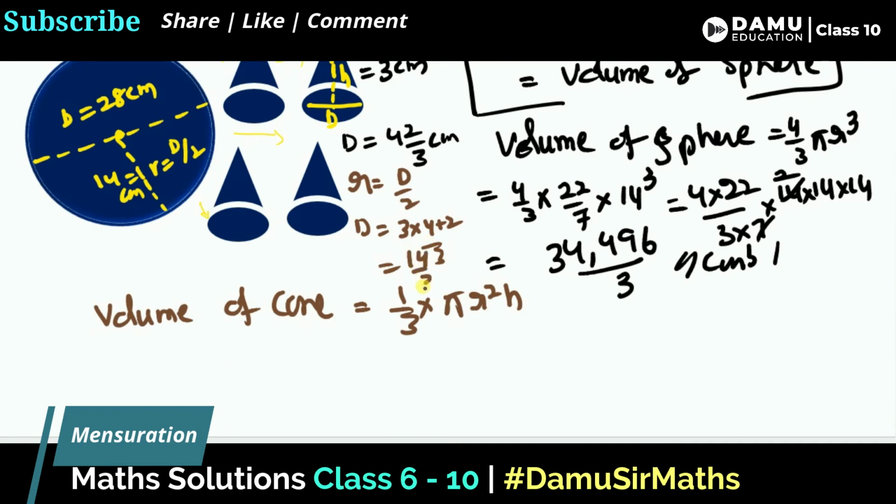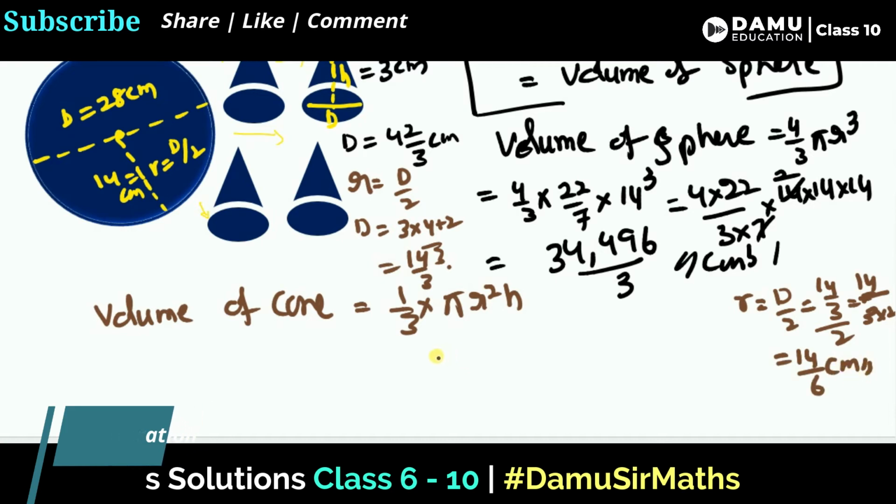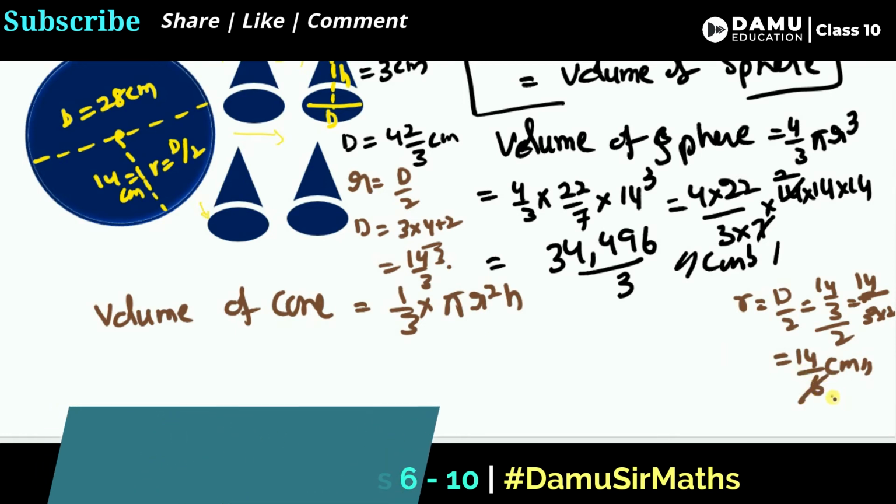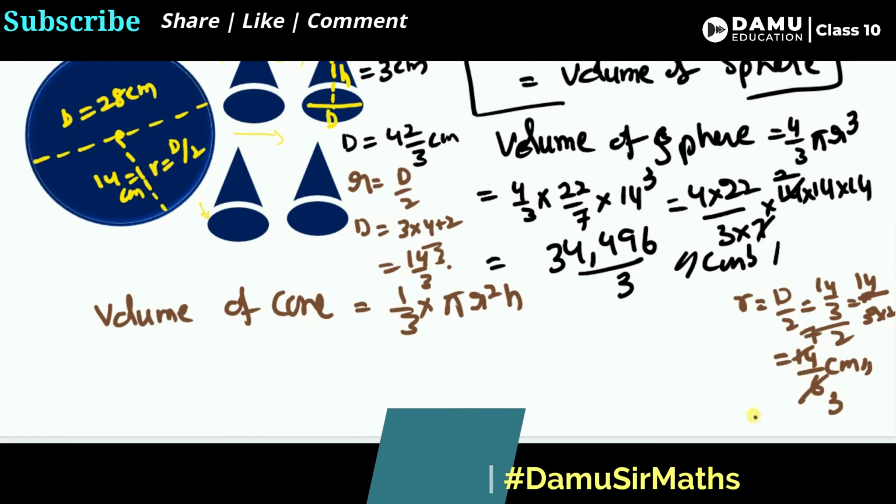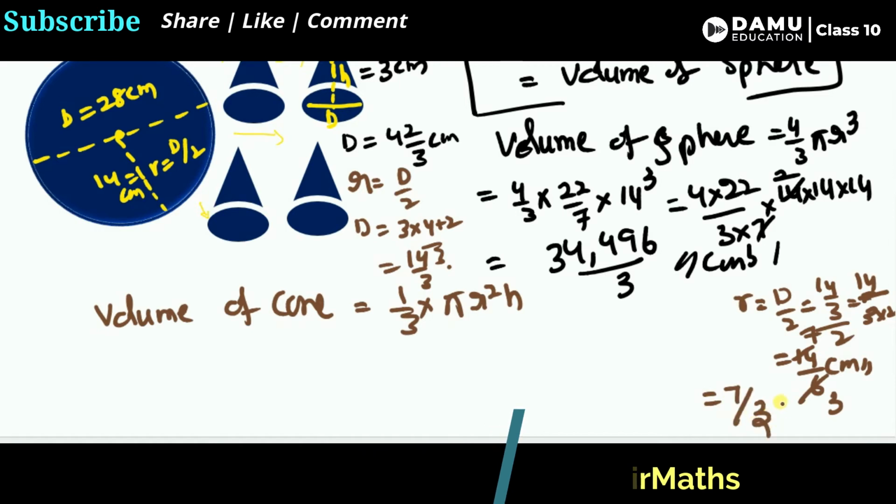So 14 by 3 by 2 gives 14 by 6 centimeter. You can cancel: 2 threes are 6, 2 sevens are 14. That is 7 by 3. The radius of the cone is 7 by 3.